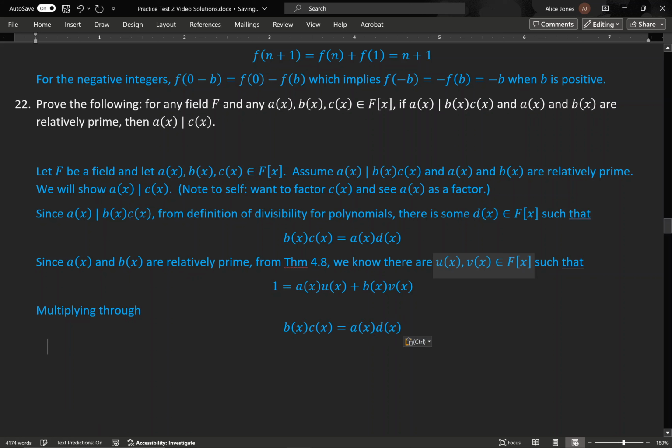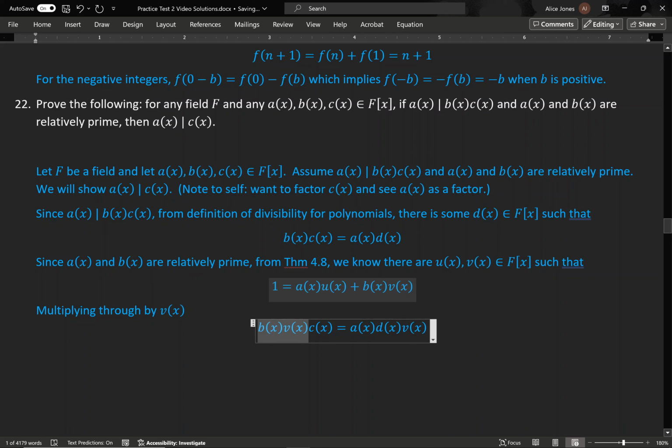So what I can do is multiply through this one by v of x. And then I would have, I'm going to put the v of x in the middle here. I'll put it on the end for this one. Okay, because then I have v of x, right?